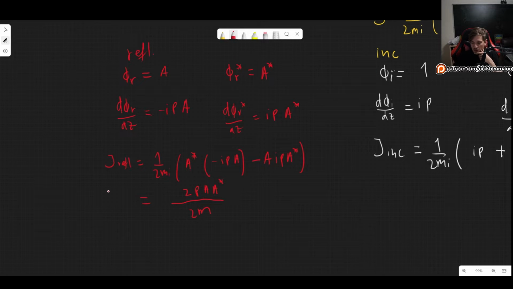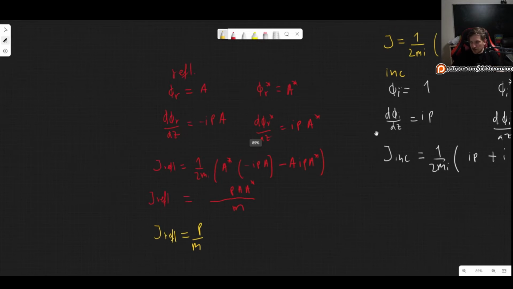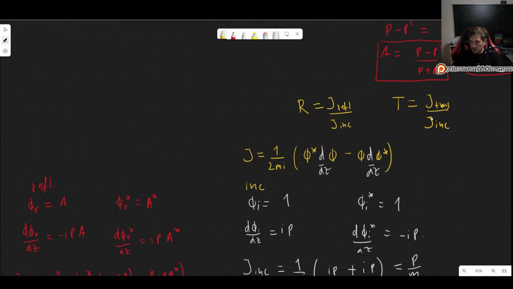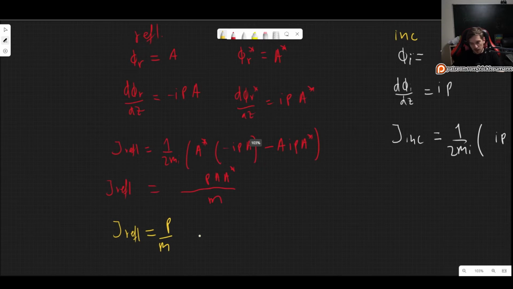Okay, so now we have this expression for the reflected probability current. And now, we can still, by the way, simplify the 2's. Now let's plug in the values for a and a conjugate, because we already have them. So we have p over m, and then let's put in the value for a, which is p minus p prime over p plus p prime.